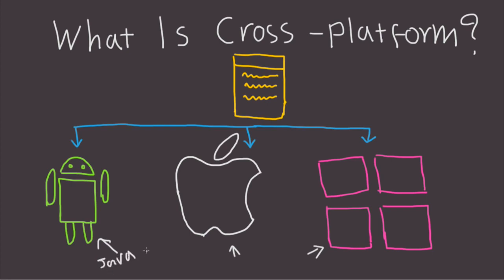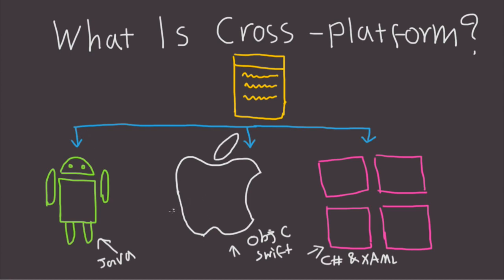You need to write apps for iOS using Objective-C or Swift, Apple's new language. And for Windows, you need to use C# and XAML. These are the standard languages for different kinds of platforms out there.